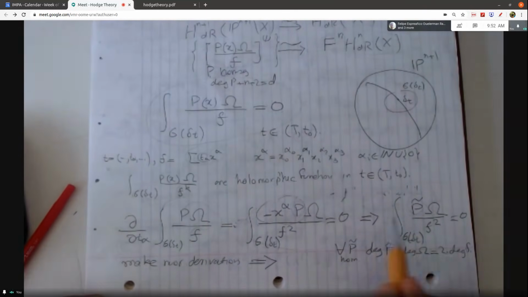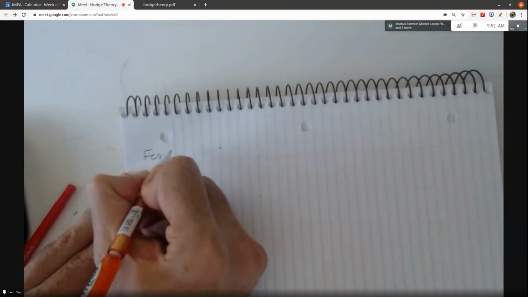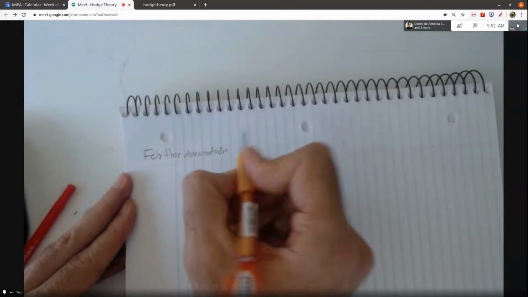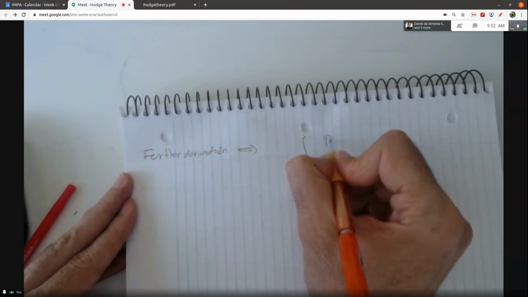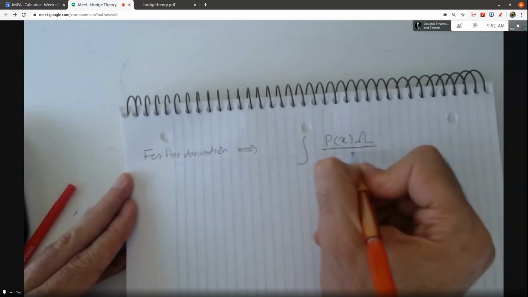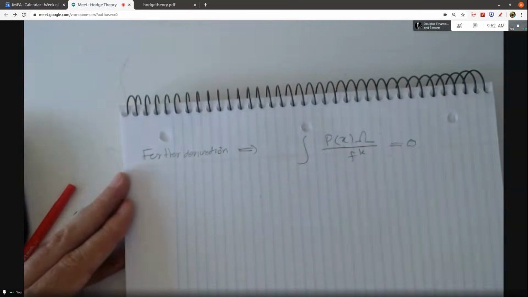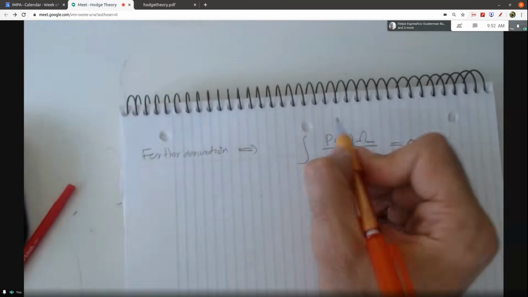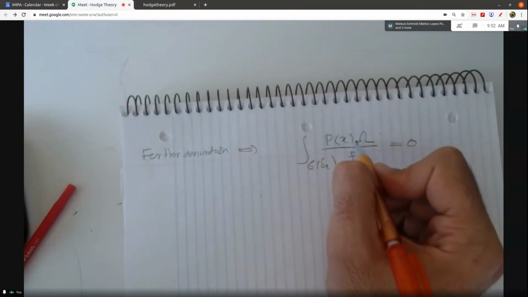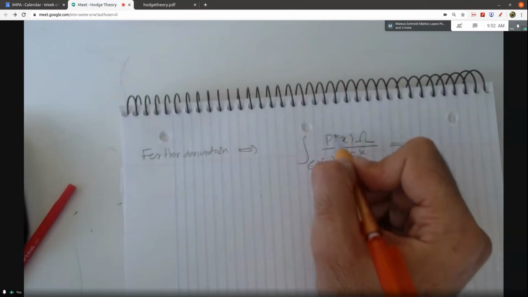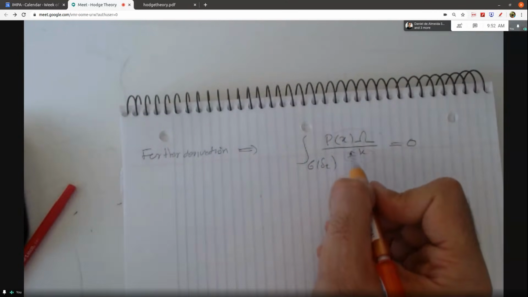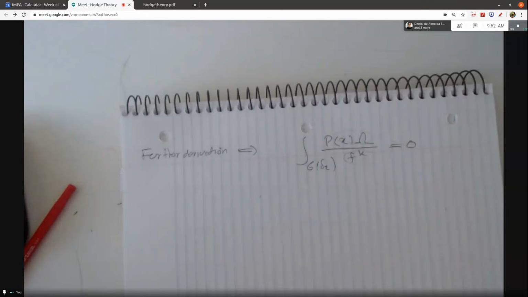So the conclusion will be that making further derivations will imply that all these integrals are 0. Again, P tilde is homogeneous of degree such that the degree of the numerator is the same as the degree of the denominator, and so on.